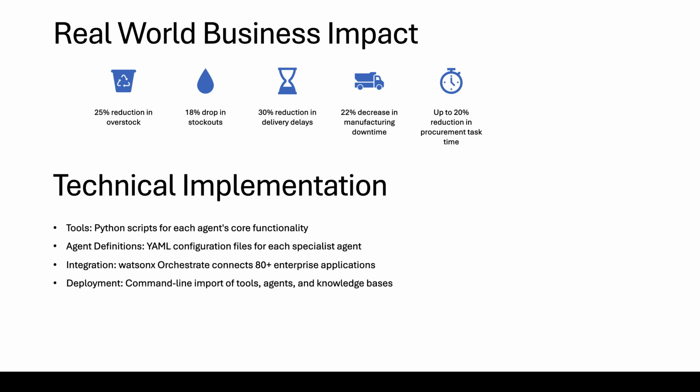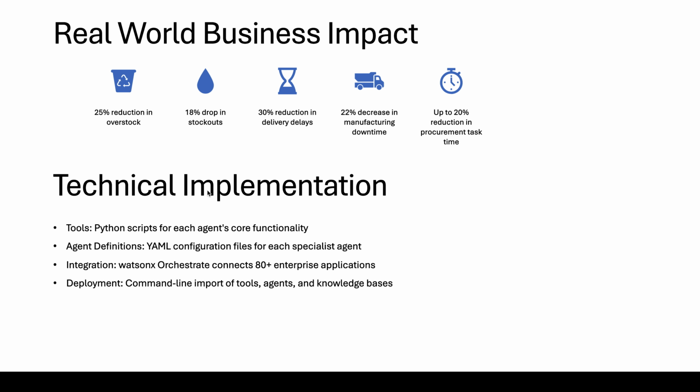Multiple problems can be solved by automating the supply chain. The major benefits we have seen with this kind of agentic AI solution: a 25% reduction in overstock, 80% drop in stock outs, 30% reduction in delivery delays, 20% decrease in manufacturing downtime, and up to 20% reduction in procurement task time.